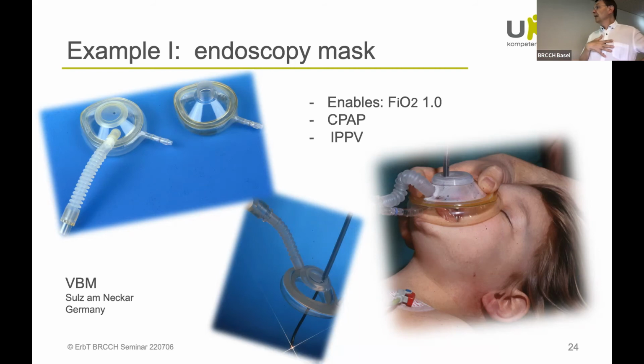You could even bring in an endotracheal tube. That allows you to administer 100% oxygen, apply CPAP, or even ventilate the patient. And this device was produced by a German company.